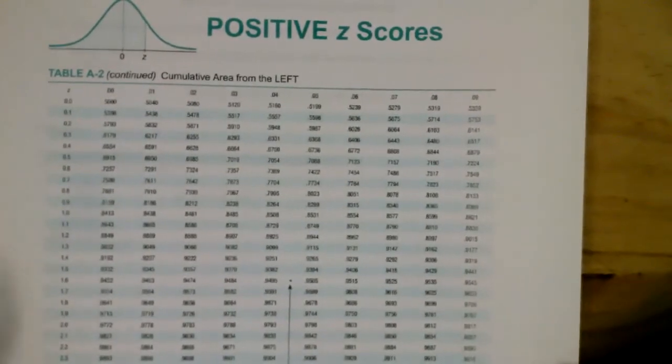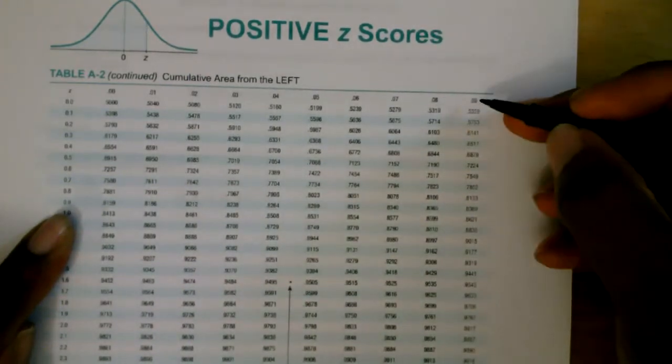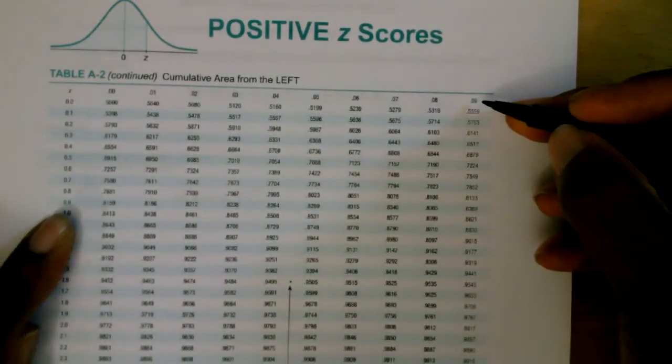Now let's find 0.99. Well, the first part of that is going to be 0.9, and then 0.09 is way over here.